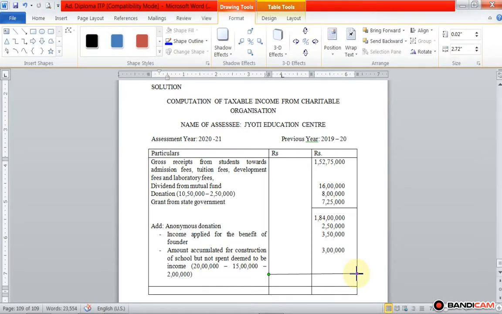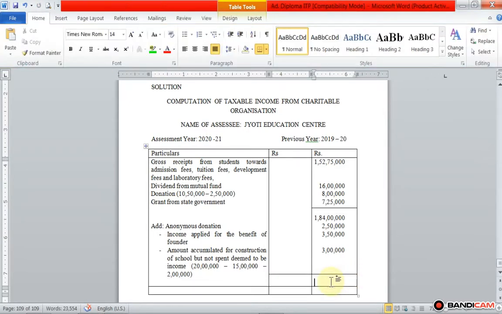Find out the income of the trust before exemption: 1 crore 84 lakh plus 2 lakh 50,000 plus 3 lakh 50,000 plus 3 lakh.